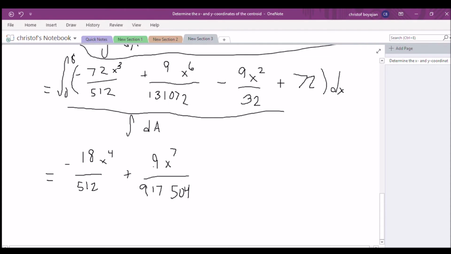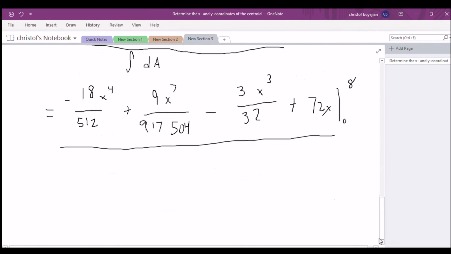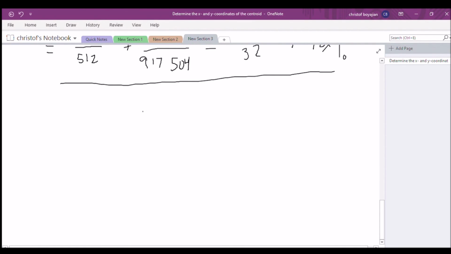You would think that this simplifies with 9, but it actually does not. And we have x cubed, 3 over 32 as our fraction, plus 72x from 0 to 8 over our total area, which is 60. Remember, we solved for that earlier.